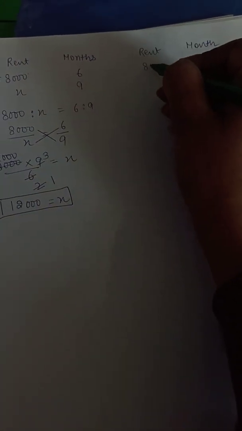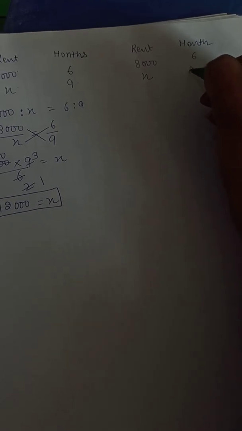Again with proportion, one side rent, one side months. 8,000 for 6 months. Here you can take 12,000 also for 9 months if you want. Then we have to find the 27th. So we do the cross multiply and find the value of x.